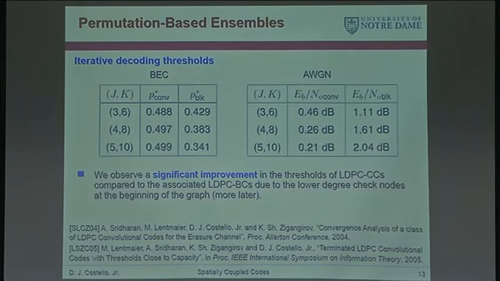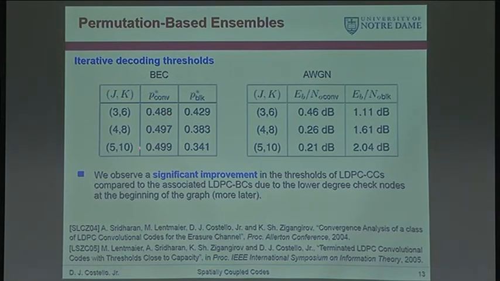Of course, distance is just one thing we want to look at, and the other thing is iterative decoding thresholds. And we've done these for the block codes. These are just the 3,6, 4,8, and 5,10 regular cases. And here are the block code thresholds that we showed previously for the erasure channel and for the Gaussian channel. And we can see that the thresholds with the convolutional versions are much better.